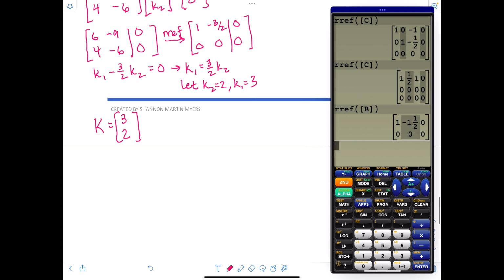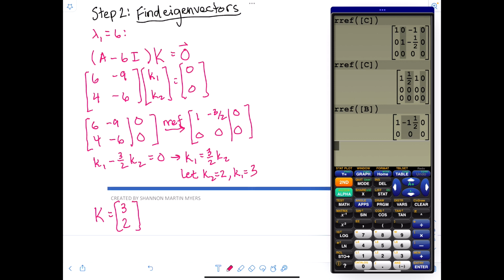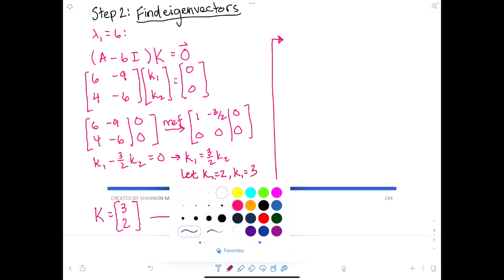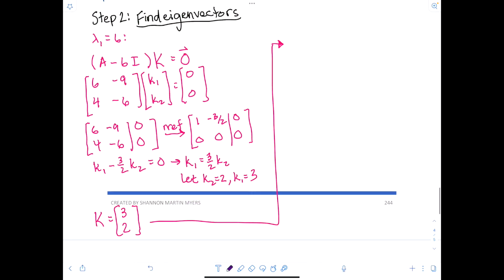And then now going into the next one, so we need to use that other way.